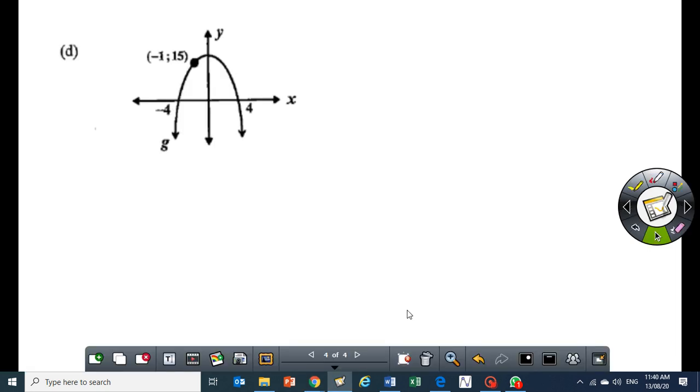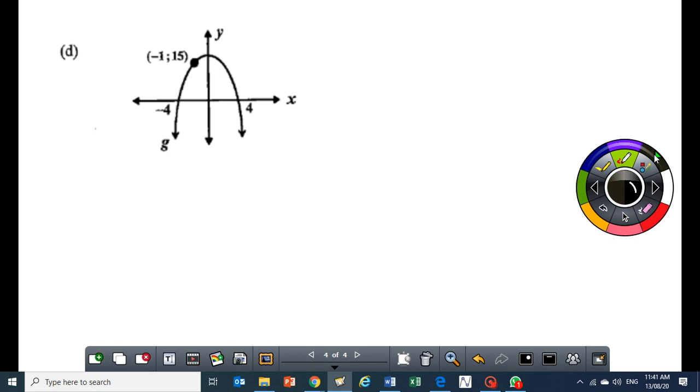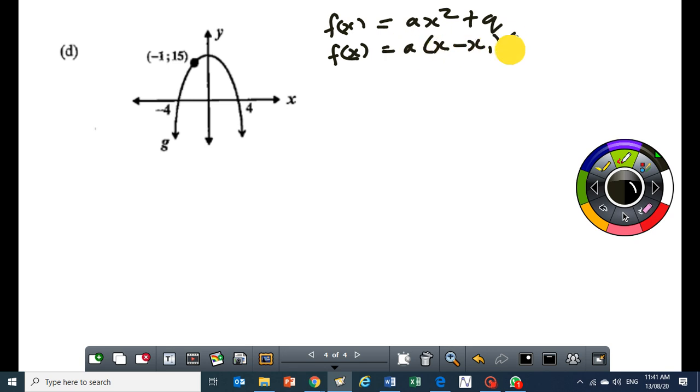All right, so remember, if you want to determine the equation of any quadratic function, you must remember the following two equations. f of x equal to ax squared plus q. That's the main general equation. Or f of x equal to a times x minus x1 times x minus x2.